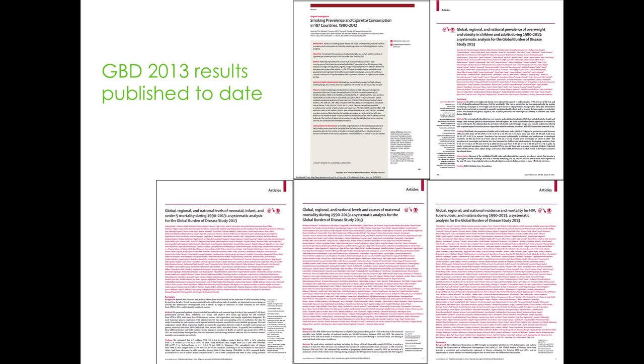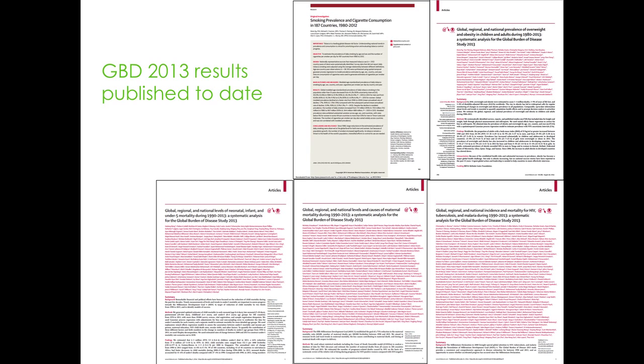Now, GBD 2010, some of you may have seen the papers that were published in The Lancet. The GBD 2013 cycle is what we're in now, and that's updating the numbers from 1990 to 2013. There's some major developments on some of the risk factors and change in methods, some changes for some of the diseases, as we'll talk about in a moment.